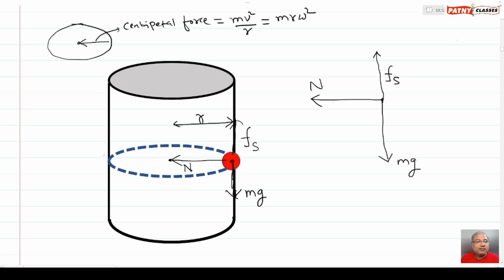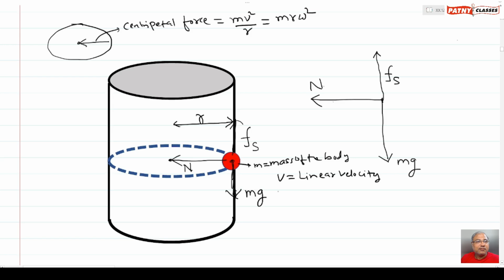r is the radius of the circular path, and m is the mass of the body, and v is the linear velocity of the body. In circular motion, we always talk about two types of velocities. One is the linear velocity, another is the angular velocity.